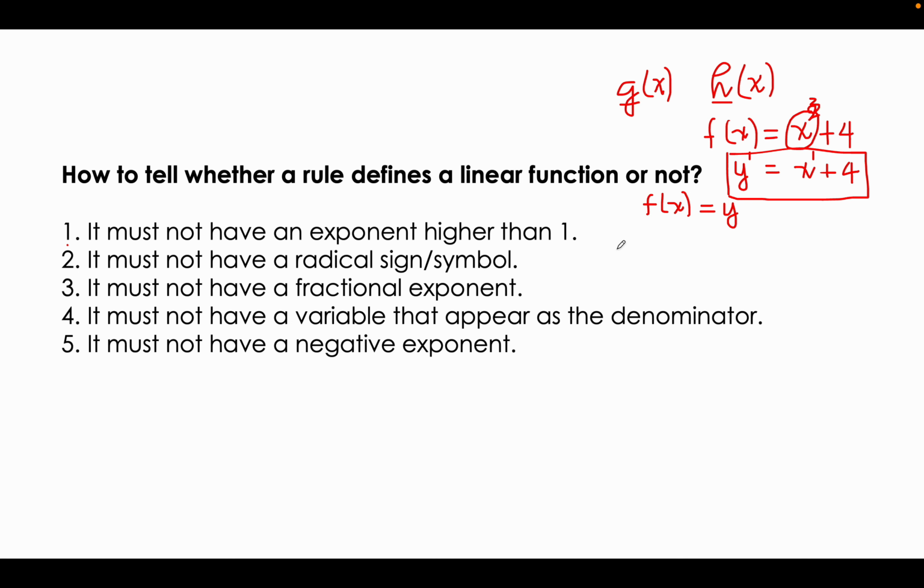Okay? And then, let's move on to our second condition. The second one, it must not have a radical symbol or sign. Supposing we have f of x is equal to, let's say we have square root of x plus 10. Okay? In this case, observe that the term here contains a radical symbol, this one. If this is the case, automatically it is not a linear function.